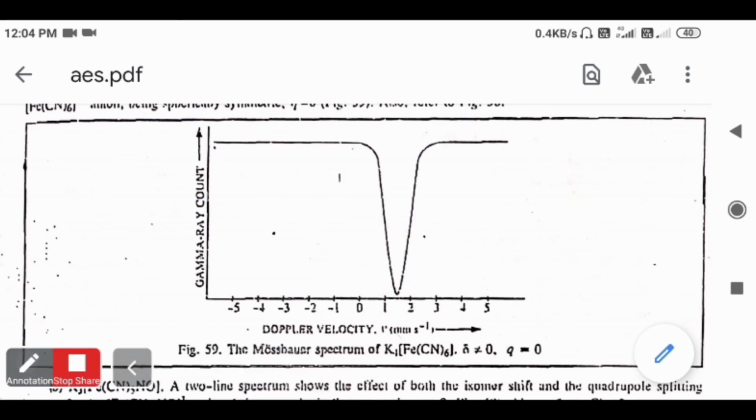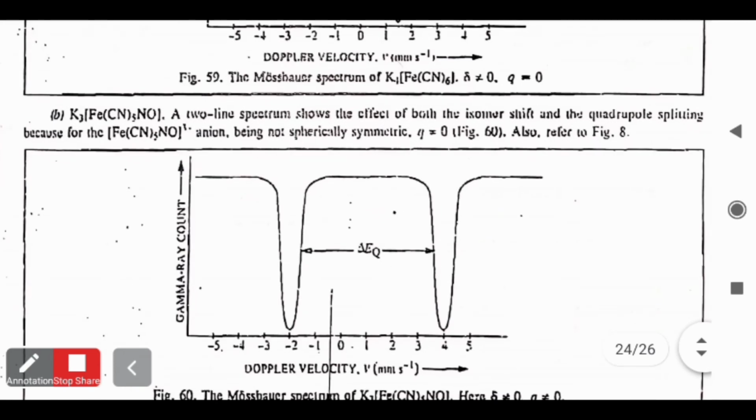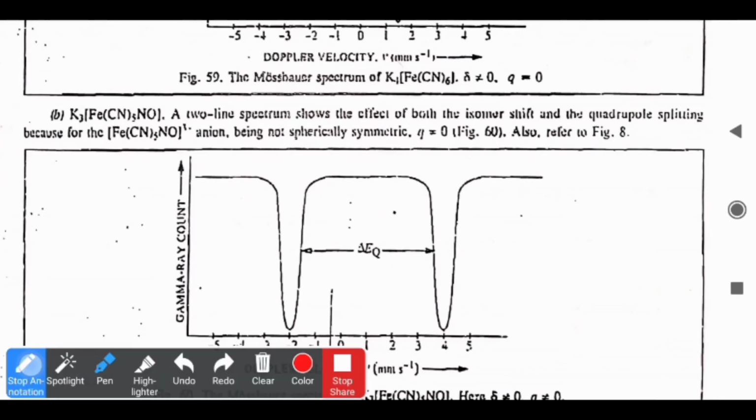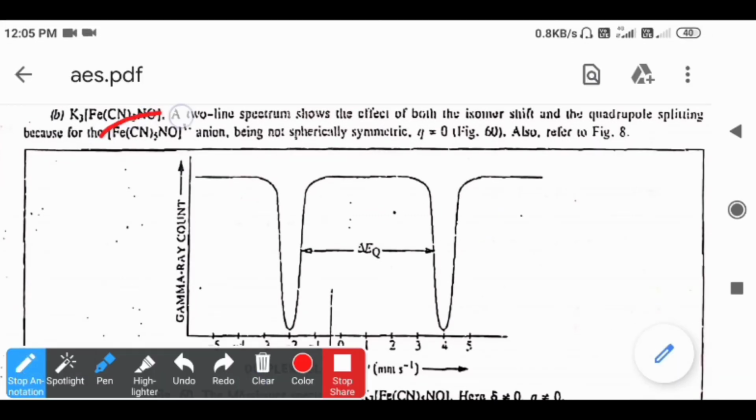But in the next example, we have various ligands surrounding the iron. So it is not spherically symmetrical, and the overall electric quadrupole moment is not equal to 0.